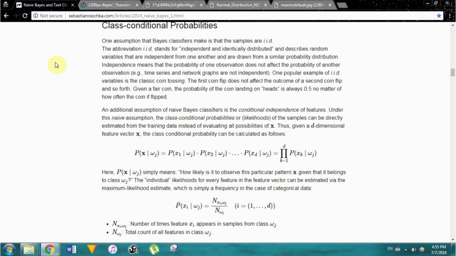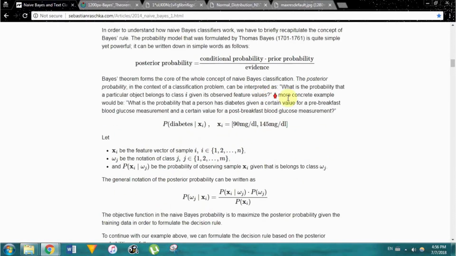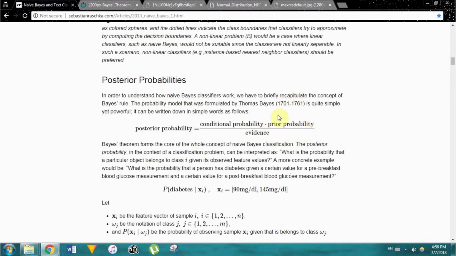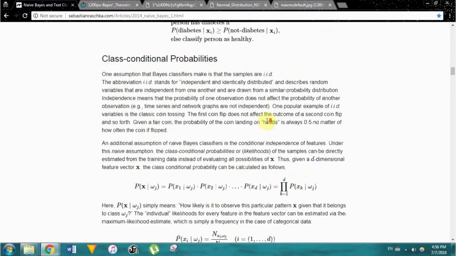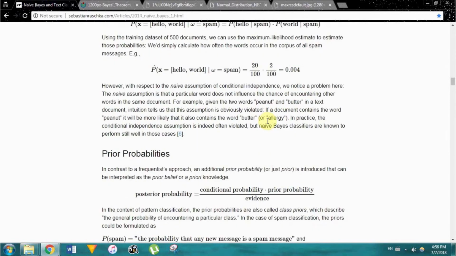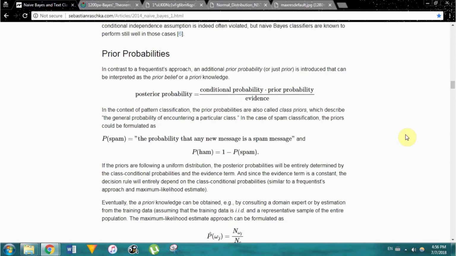As I said, the Bayes classifier turns out to be very robust, and even if those conditions are violated up to a degree, Bayes still performs very, very well. Now, the second term of the formula is the prior probability. So what's prior probability? As the name suggests, it is some kind of knowledge that we have from the beginning, a prior knowledge.